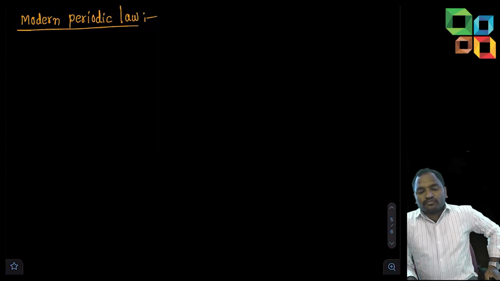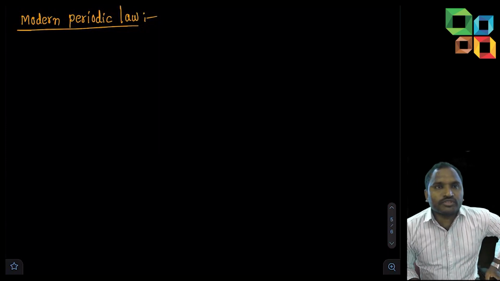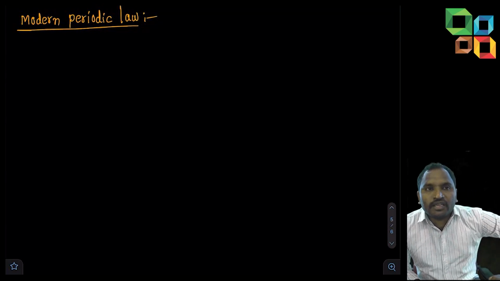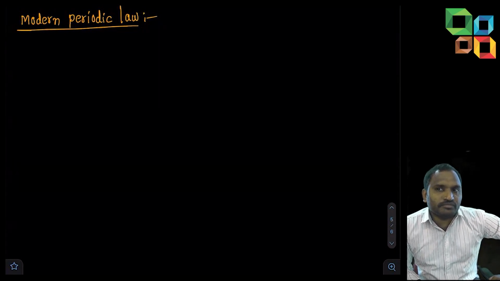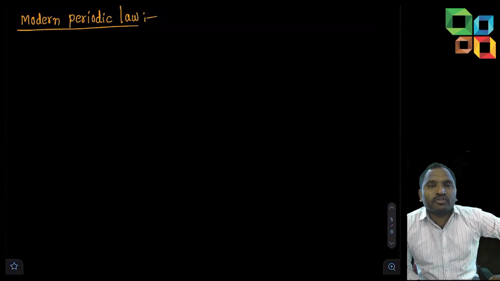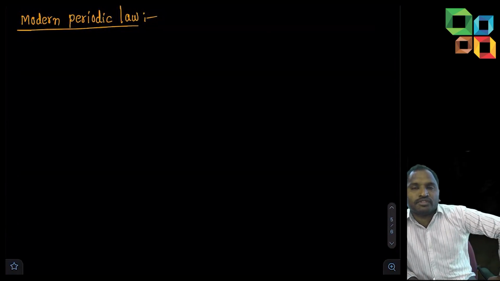So then Bohr, Moseley, all those people again tried to overcome those drawbacks and they realized that no two different elements have the same atomic number. So it is better to take atomic number as reference, not atomic weight. So in modern periodic law, they introduced atomic number.